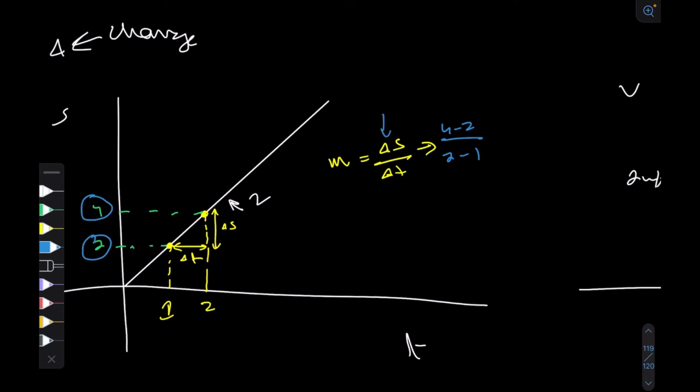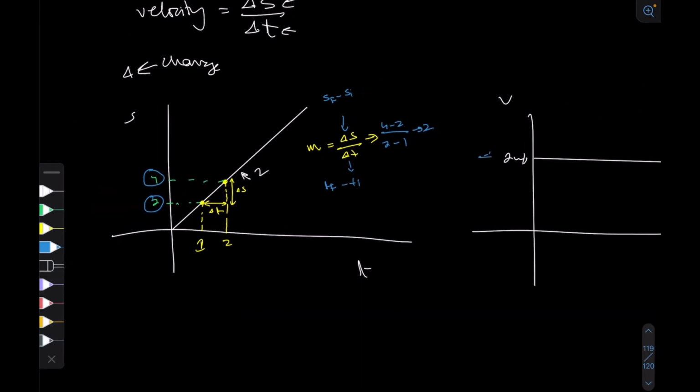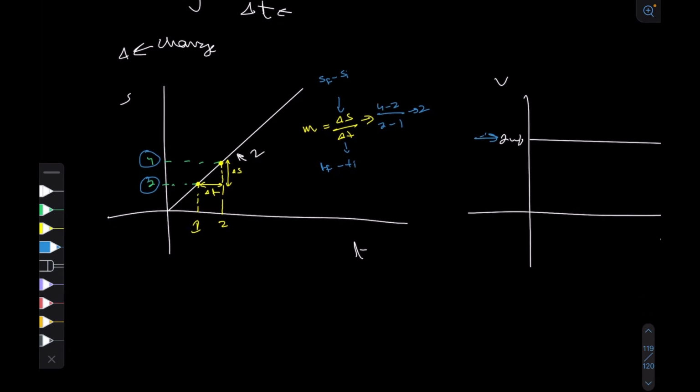Delta S can be represented as S final minus S initial, and delta T as T final minus T initial. So 4 minus 2 over 2 minus 1 is 2, and this agrees with our fact that velocity is constant.